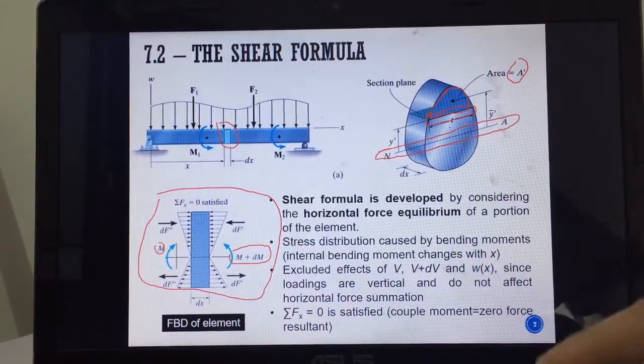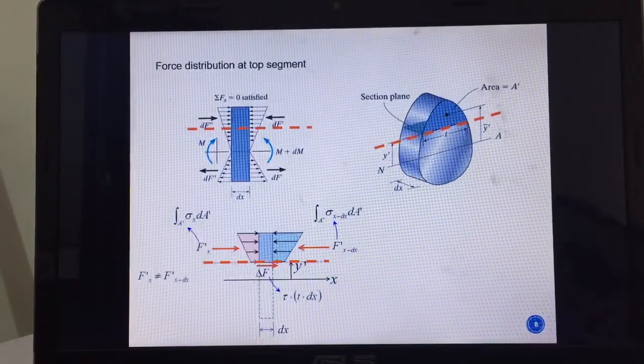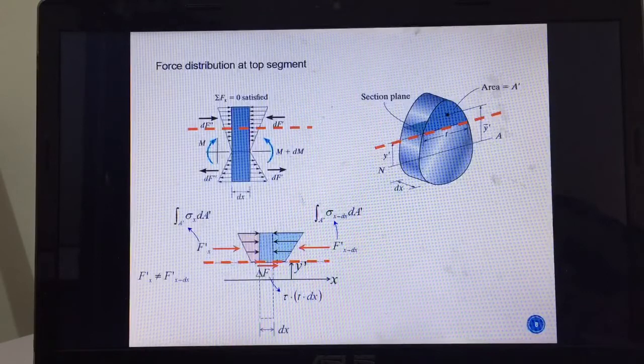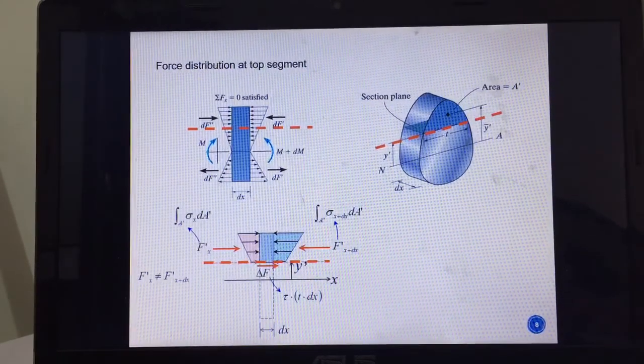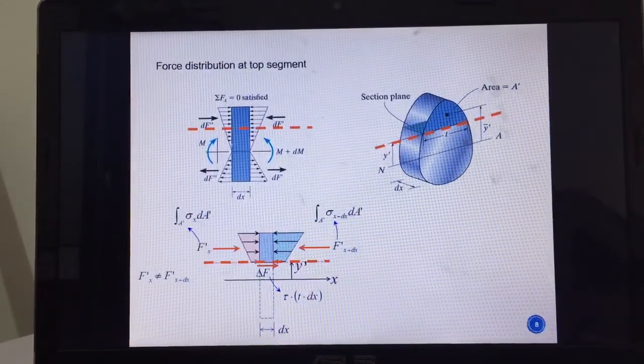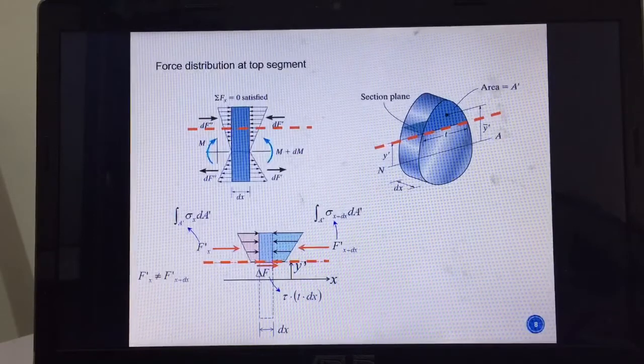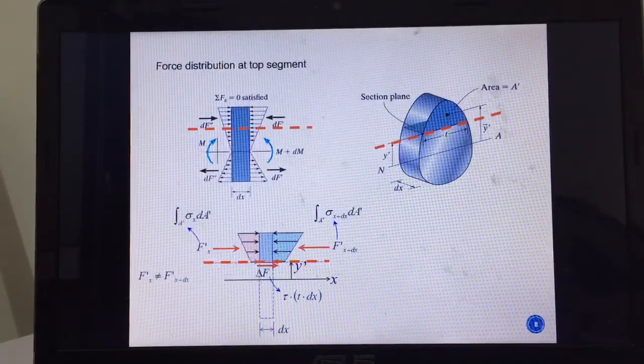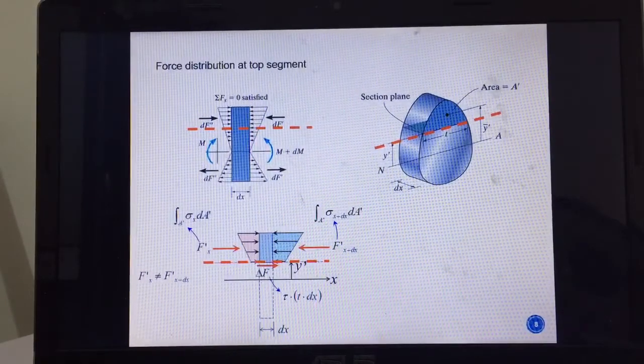Okay, so now we want to derive the shear formula. We cut here, like I said, and then we look from this side, and this is the view.